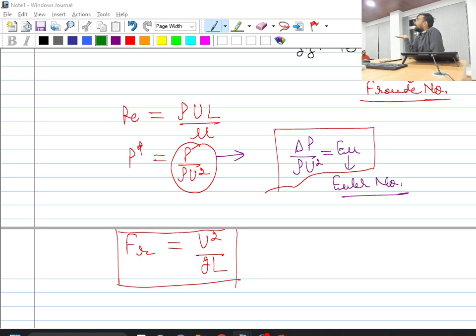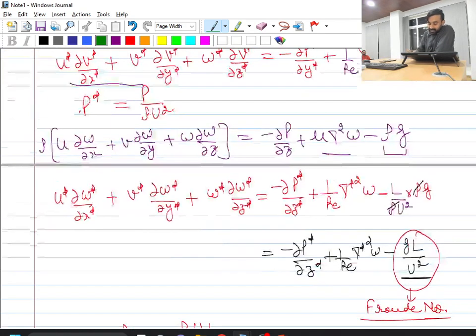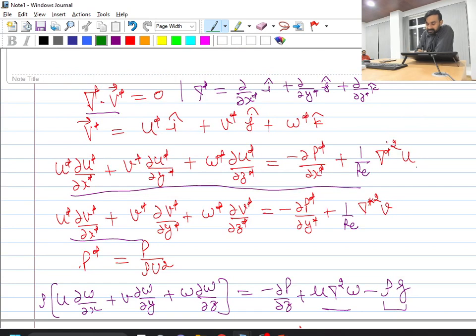If I say the other way, that my Reynolds number is extremely large, it means inertia forces are more dominant than the viscous forces. So if my Reynolds number is very high, I can get rid of this last term from my momentum equations, because if Reynolds number is large, then 1 by Reynolds number will be nearly equal to 0. So if inertia is very significant in comparison to the viscous forces present in the system, then you can actually remove this last term.